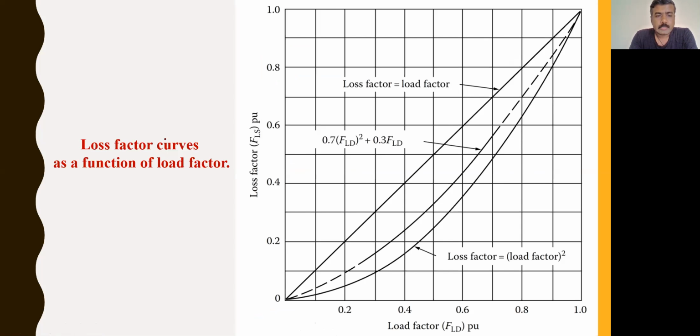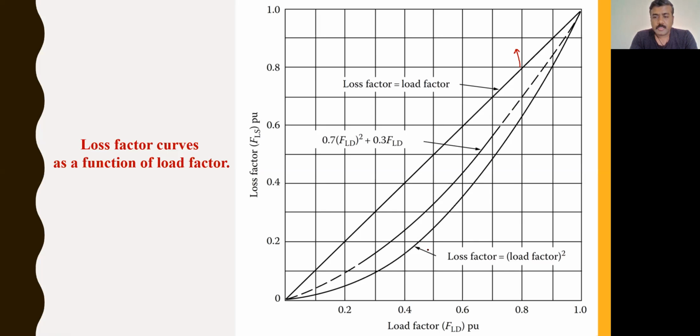So the loss factor curves as a function of the load factor can be observed here. The load factor is on the x-axis. We have the loss factor as the square of the load factor, the loss factor as the load factor, and the third condition, which is 0.7 times the square of the load factor and 0.3 times the load factor. So these are the three curves we are able to see. The first curve is directly equal, a linear curve between these two.